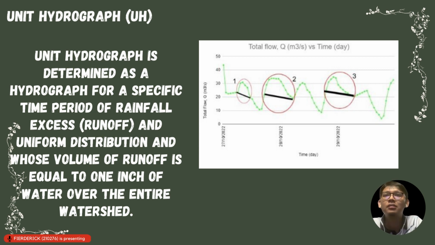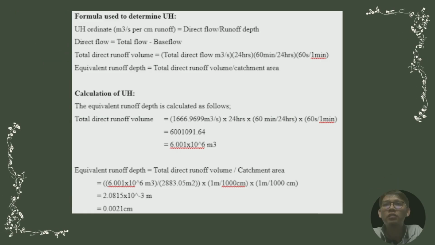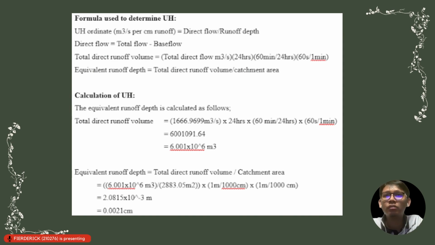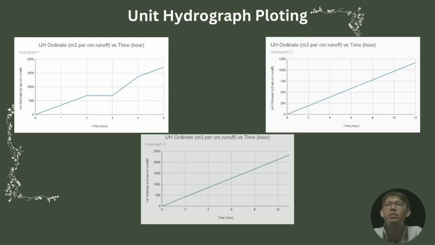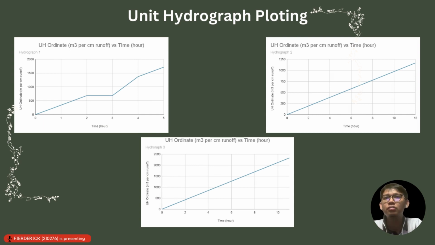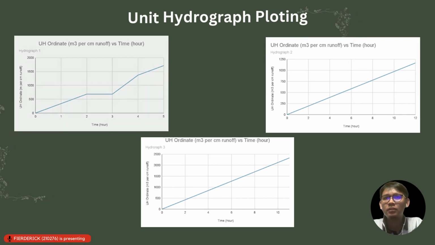A unit hydrograph is a hydrograph for a specific time period of rainfall excess runoff with uniform distribution, whose volume of runoff is equal to 1 inch of water over the entire watershed. This is the formula used to determine the UH and the calculation of UH. After finishing the calculation, we do the unit hydrograph plotting, and this is our hydrograph plotting.